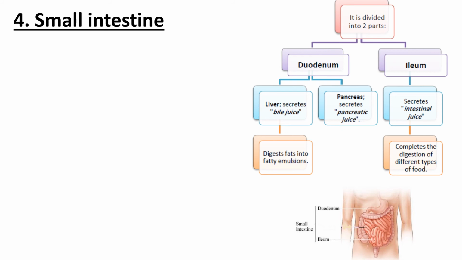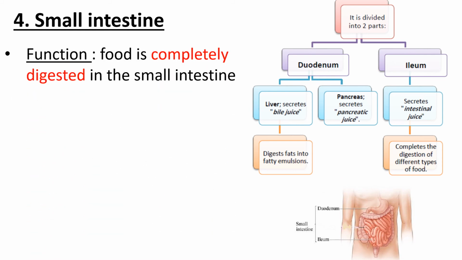Bile juice, which is secreted by the liver and digests fats into fatty emulsion, and pancreatic juice, which is secreted by the pancreas. The ileum, the second part of the small intestine, secretes intestinal juice, which completes the digestion of different types of food. So, the food is completely digested in the small intestine.